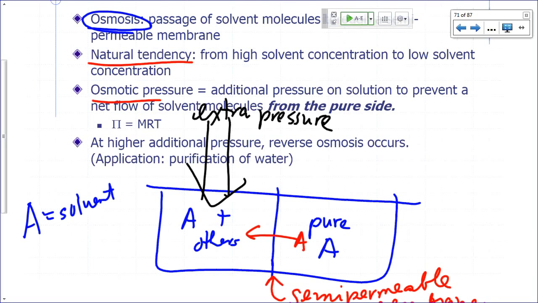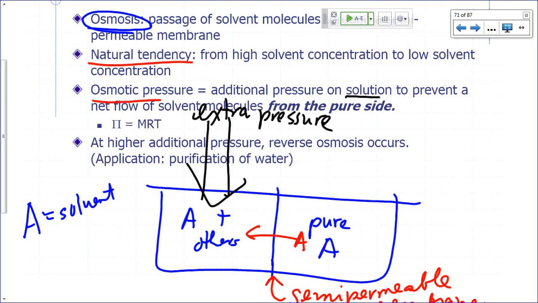I can prevent water molecules from going to the left side here by exerting additional pressure on the solution. So that's called the osmotic pressure of the solution. So that's the additional pressure that you have to exert on the solution to prevent osmosis, to prevent the flow of your solvent from the pure side.